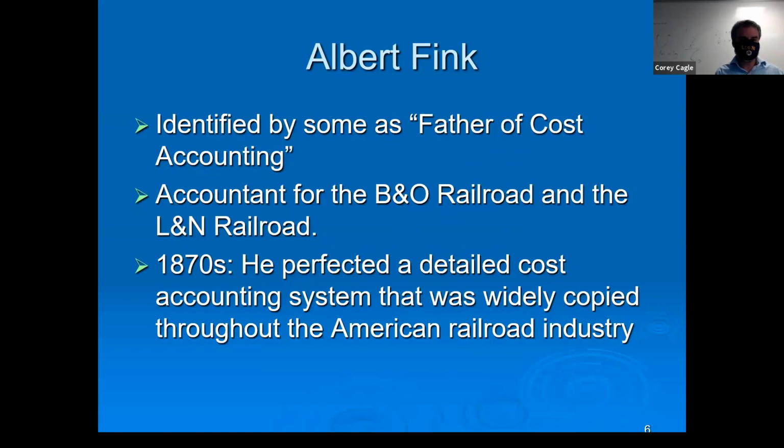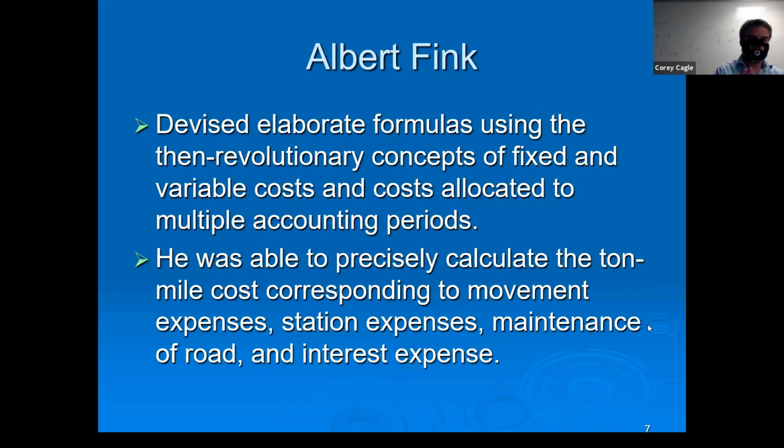He accounted for the B&O Railroad and the L&N, Louisville and Nashville Railroad. In the 1870s, he developed a very detailed cost accounting system that was widely copied in the industry. He had elaborate formulas using the then-revolutionary concepts of fixed and variable costs, and costs allocated to multiple accounting periods.